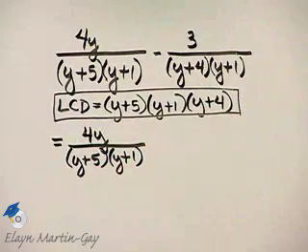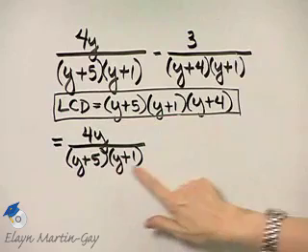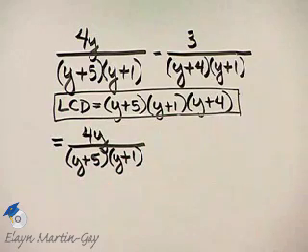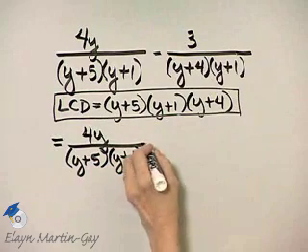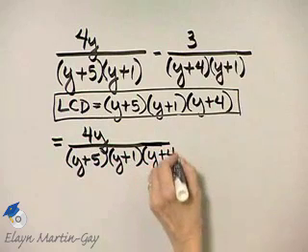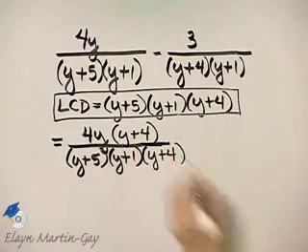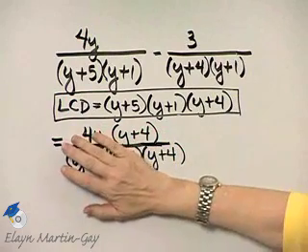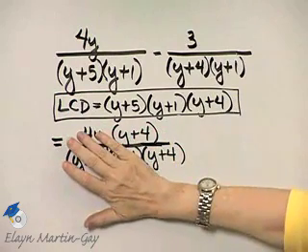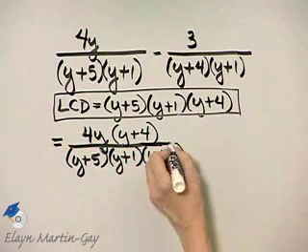What do I need to do in order to write an equivalent rational expression with this as denominator? Well, notice I need a factor of y plus 4 in the denominator. So if I multiply the denominator by y plus 4, I must multiply the numerator by y plus 4. That's the same as multiplying by 1 then, as long as y is not negative 4.